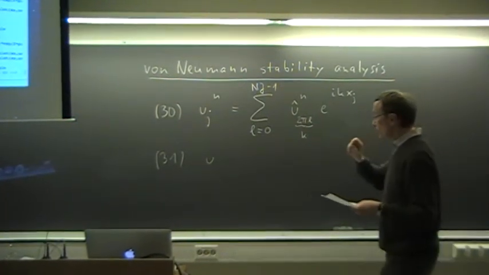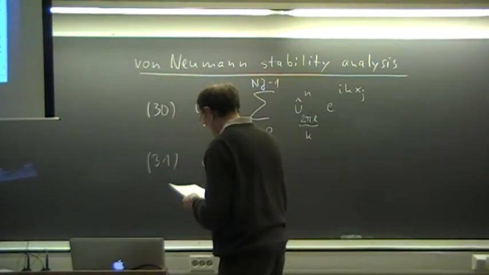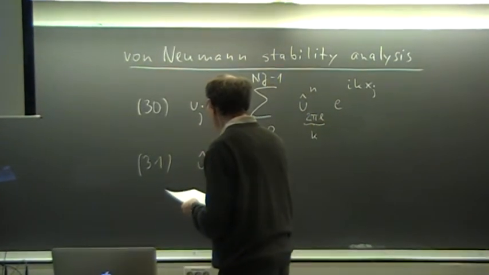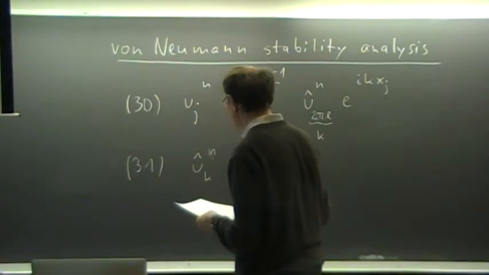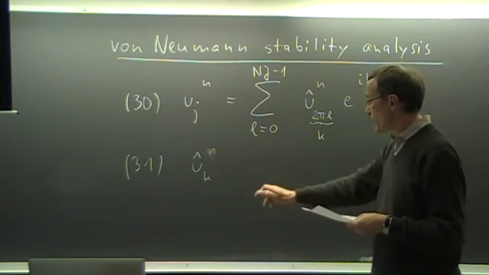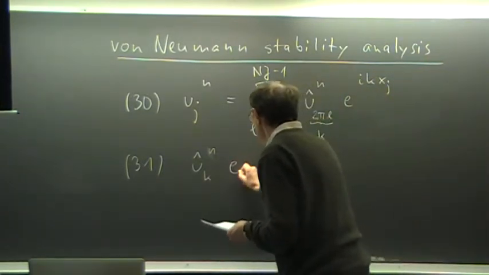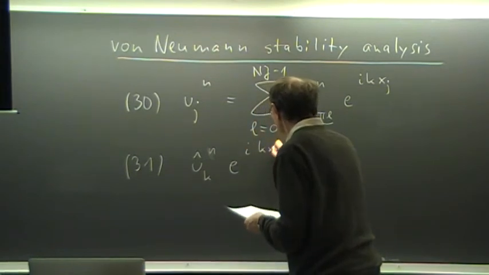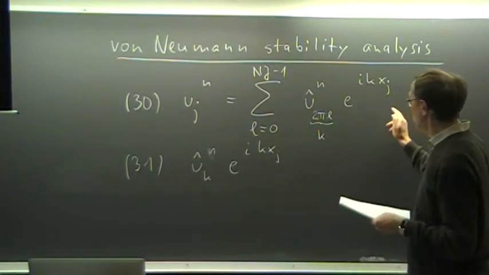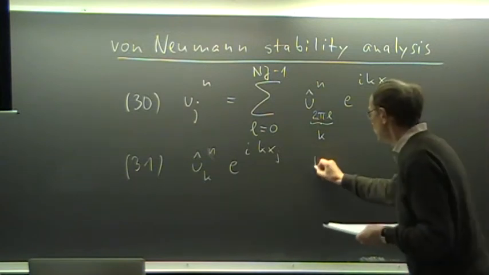And what we shall do is that we plug such a Fourier mode with the amplitude u hat n. So we consider now the wave number k, e to the i k xj. That is a Fourier mode.